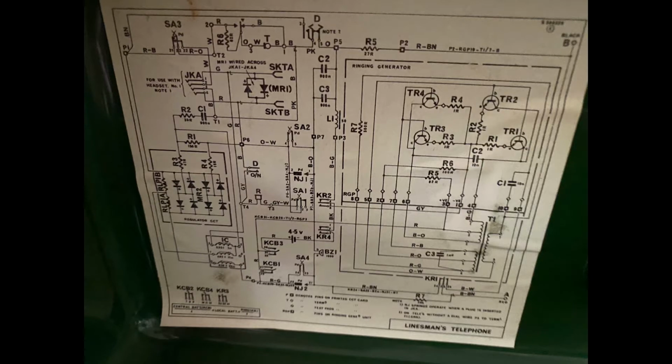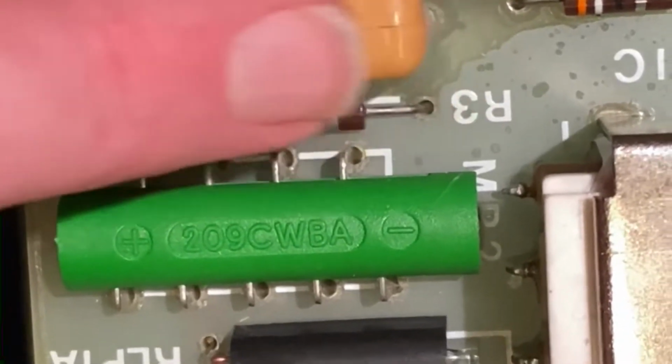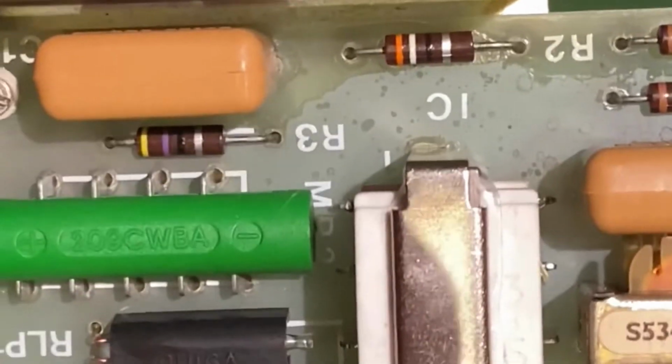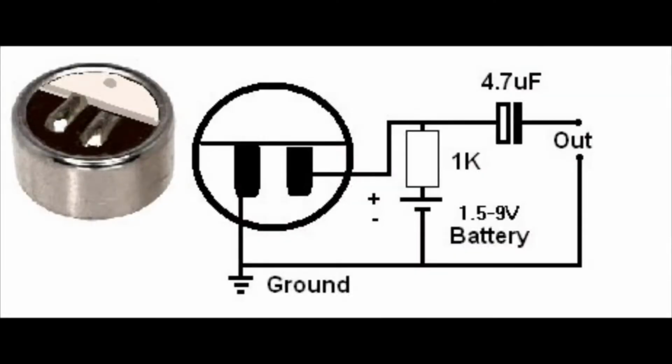So we've looked at the circuit diagram and we can see this capacitor here. If I try to explain how it works, there are types of microphone called electret microphones, which are used in modern day phones, and they need a DC voltage across the terminals to activate the package inside.